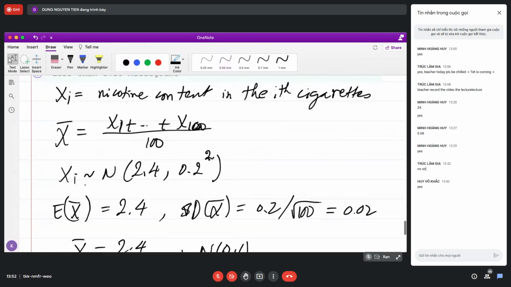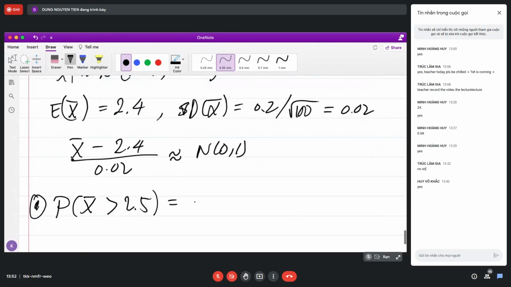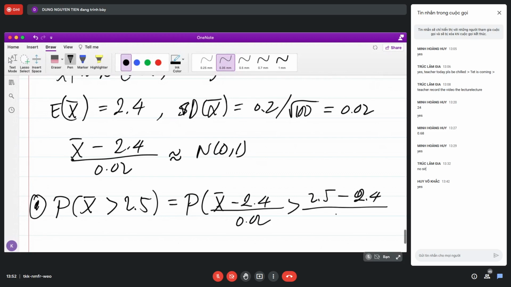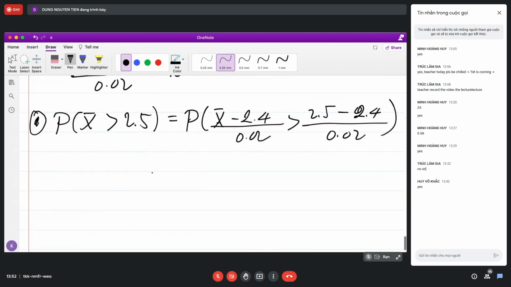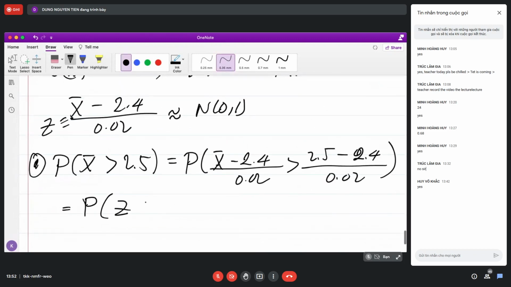Now you want to find the probability that x bar is greater than 2.5, and that is the probability that x bar minus 2.4 over 0.02 is greater than 2.5 minus 2.4 over 0.02. Then you get the probability that Z is greater than 0.1 over 0.02, so you get 5.